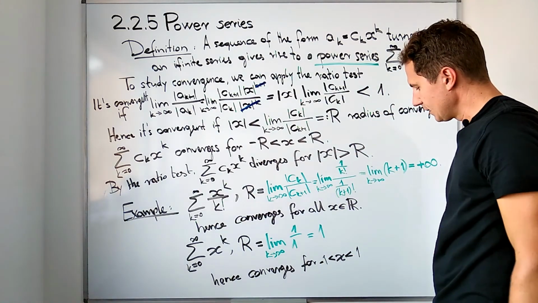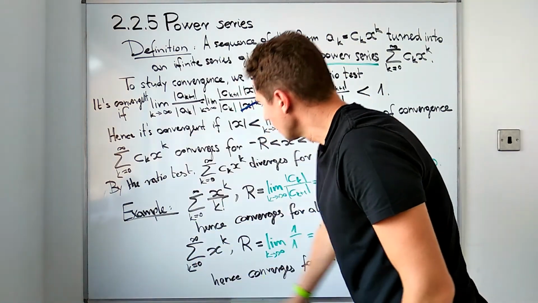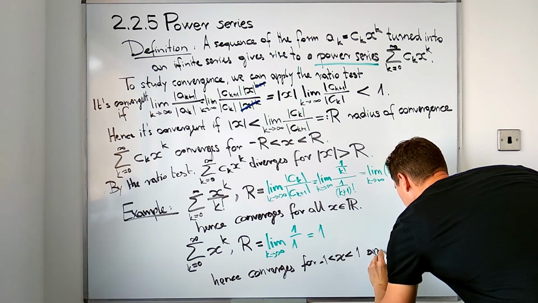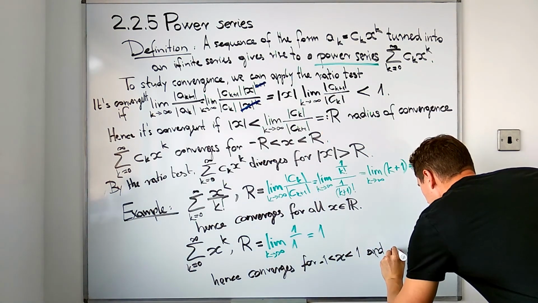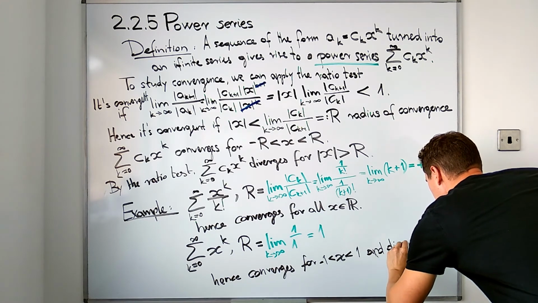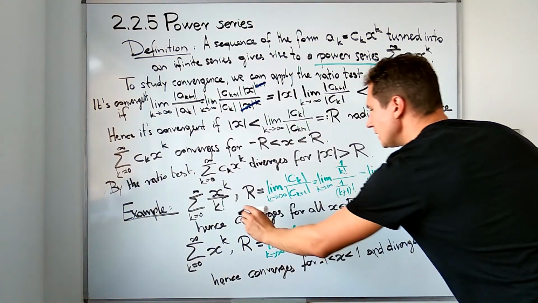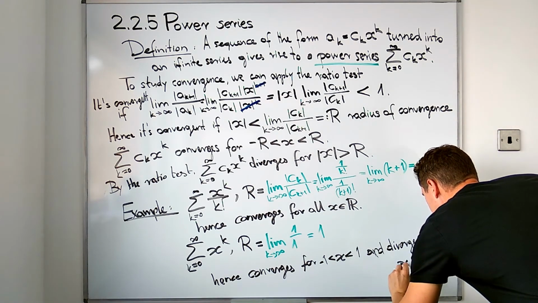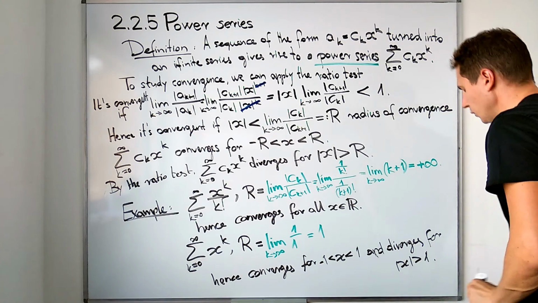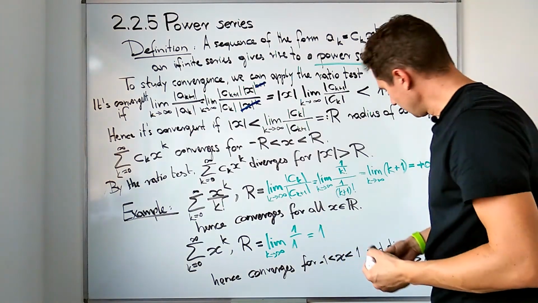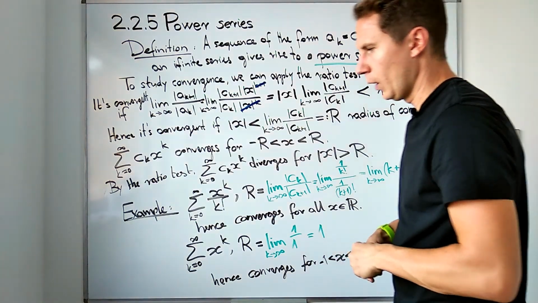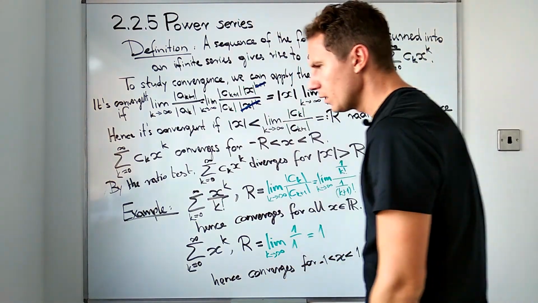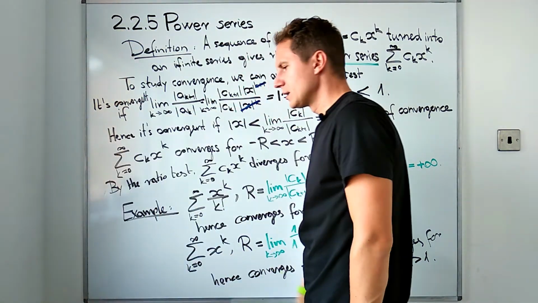If we pick x in that interval, we'll get a convergent power series, and the ratio test also tells us that the series will diverge for x that is greater than 1 in absolute value, so for values of x which are greater than 1 or less than -1. And that is something we have already seen when we looked at geometric series.